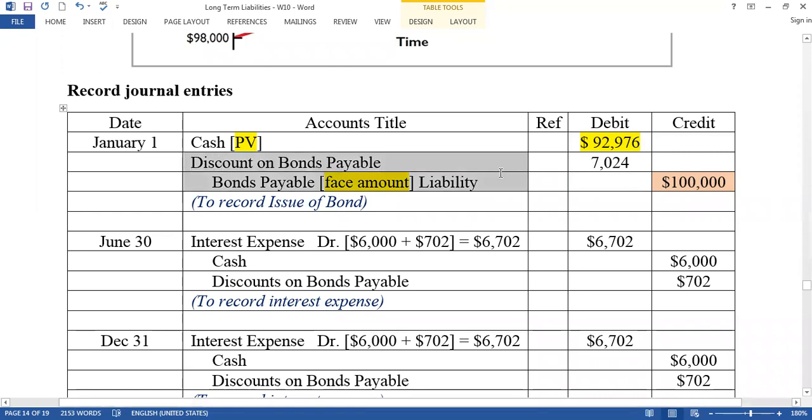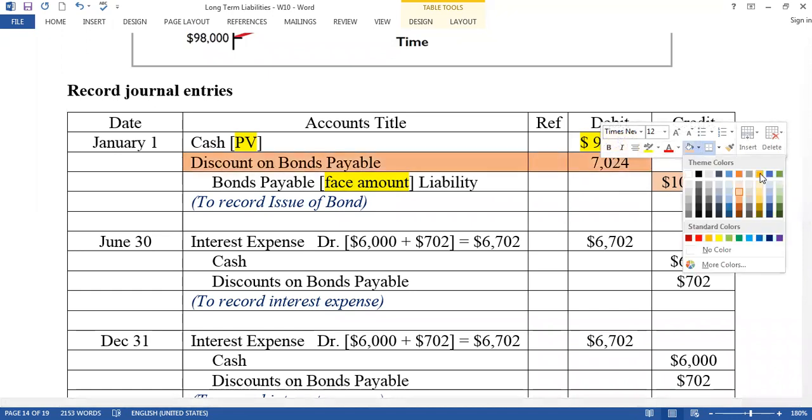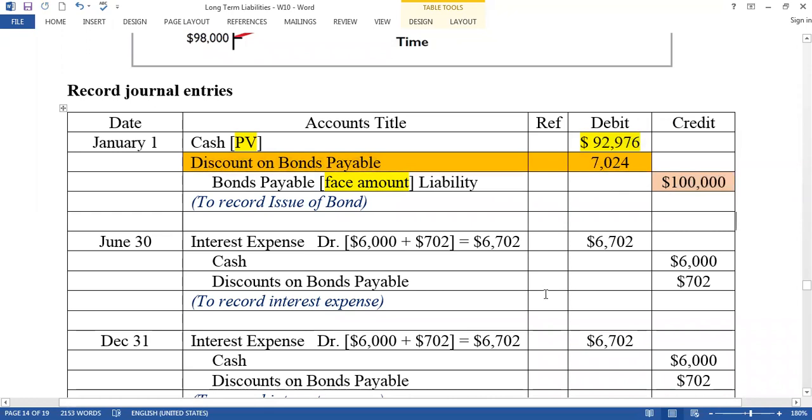Okay, so we record discount on bonds payable in the debit side, because face amount and present value is not similar. So the difference is called the discount.